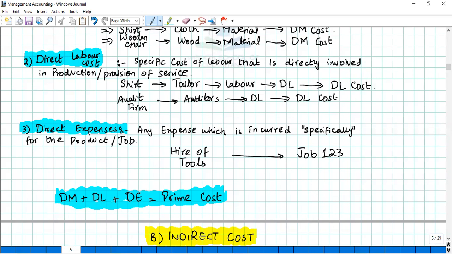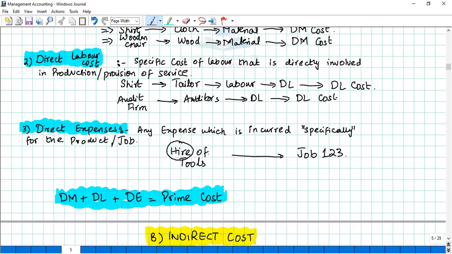You don't have those tools, so you go to the market and hire some tools. Hiring means leasing. You lease some tools and pay for using them for certain days. Now, this hiring cost, you cannot say it is a material, nor can you say it is labor. So by default it will be your expense.